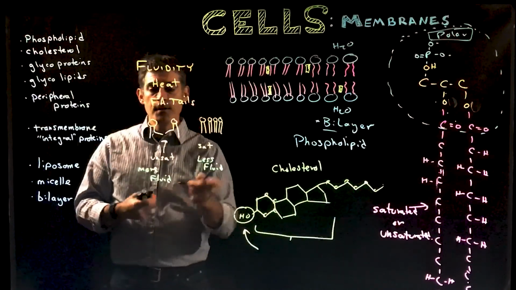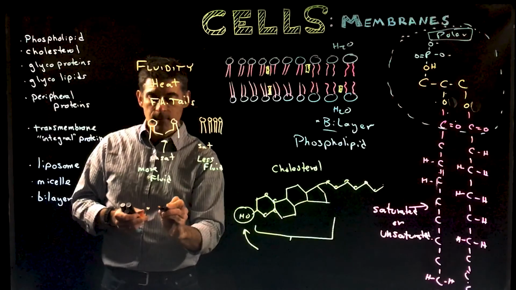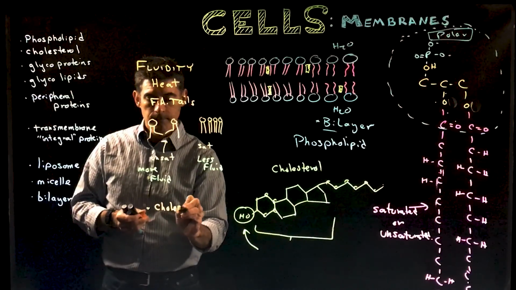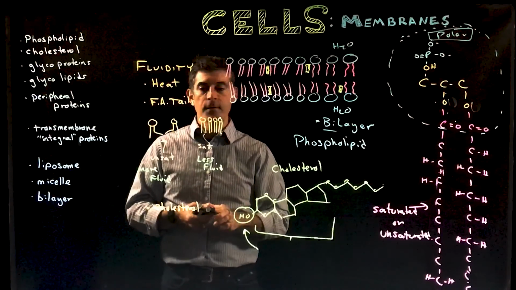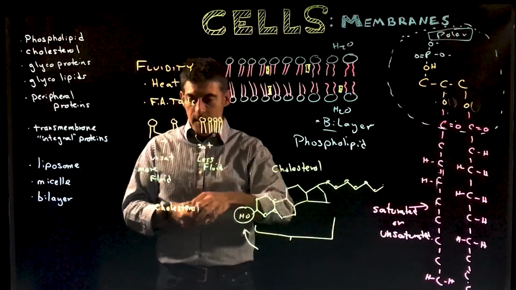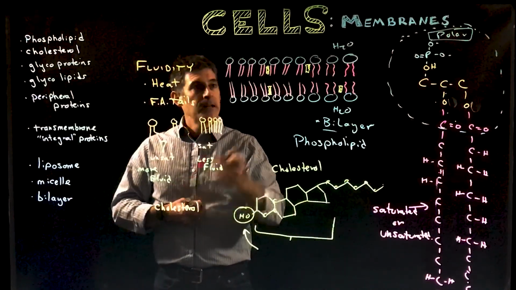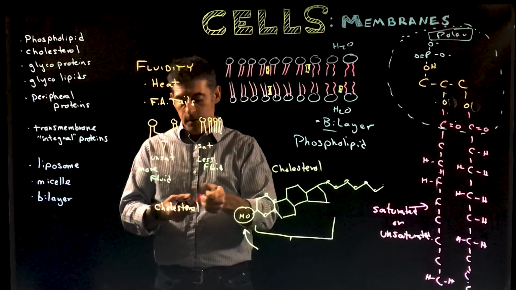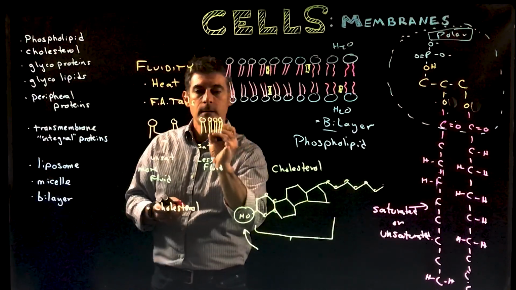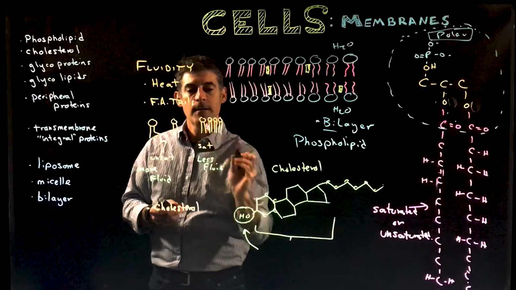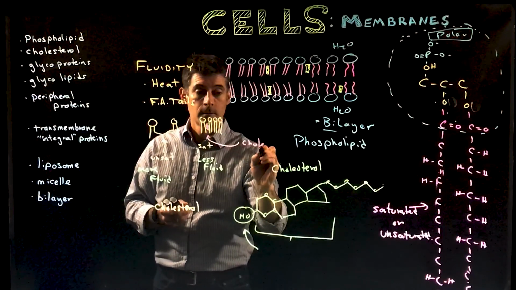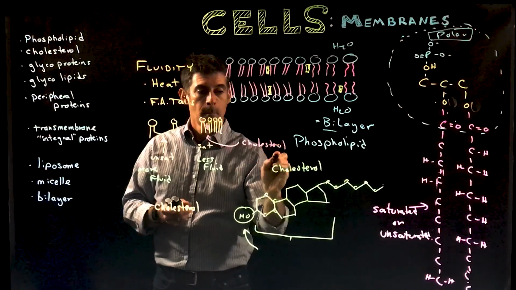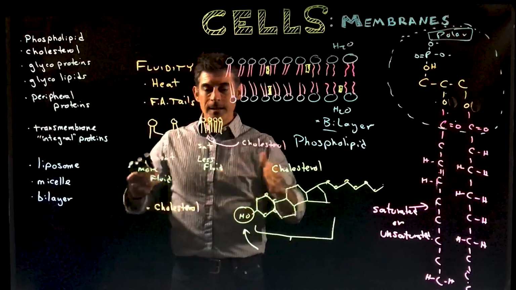And then the third thing really affecting the fluidity is going to be the cholesterol. So how's cholesterol going to affect this? Well, you could think about it like this. The cholesterol, if it's inserted here, I'm kind of reversing my colors here, but you can see if I put the cholesterol now in between the fatty acid tails, it's going to push them apart.